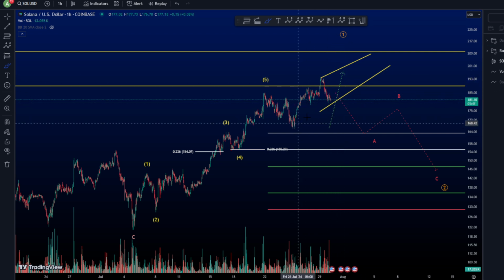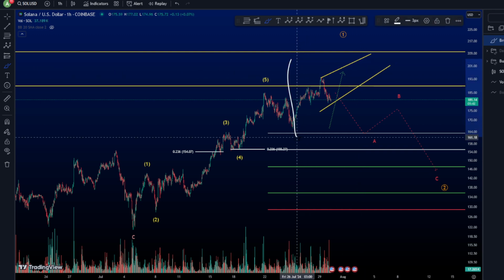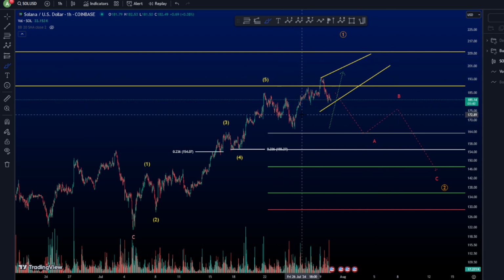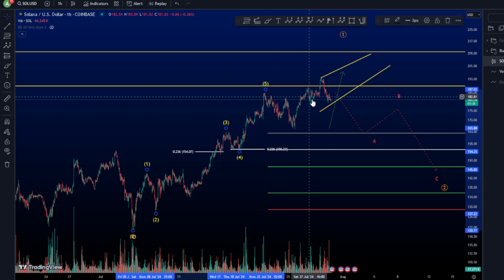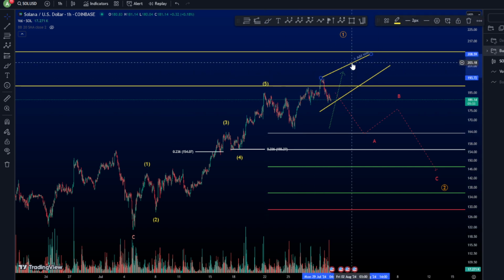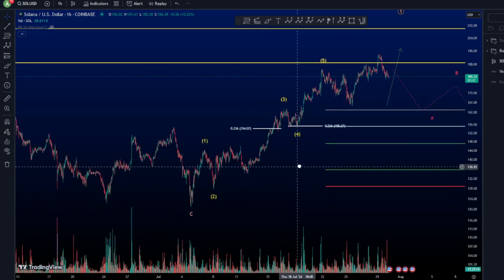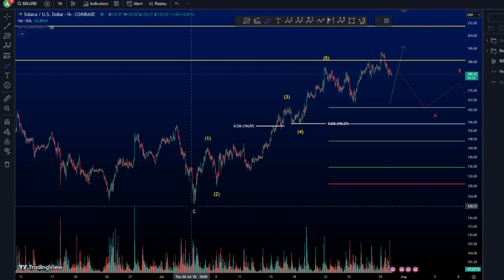Therefore, it's hard to get 5 waves, right? If we don't get 5 waves here, that means the wave 5 is invalid. It means the impulse cannot be there. Therefore, I have to find an alternative to finish this impulse.